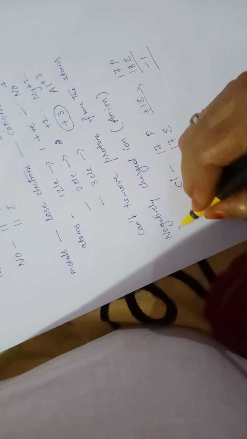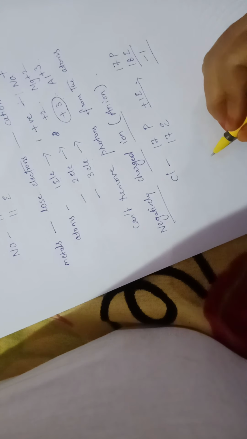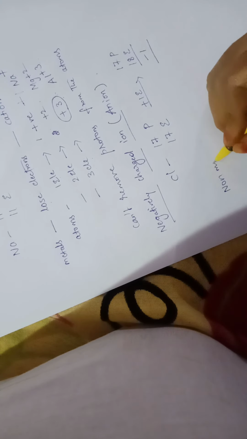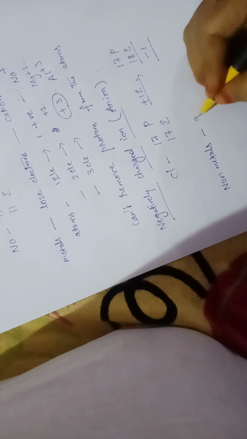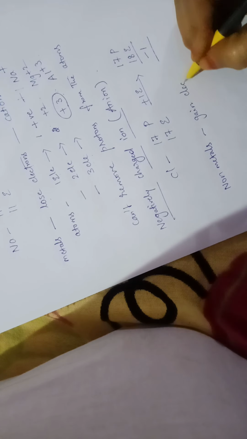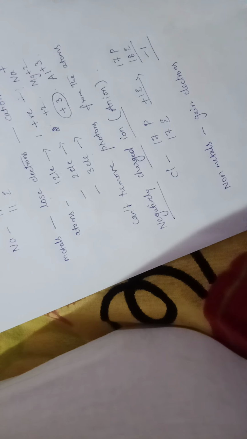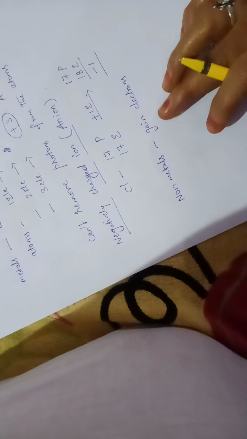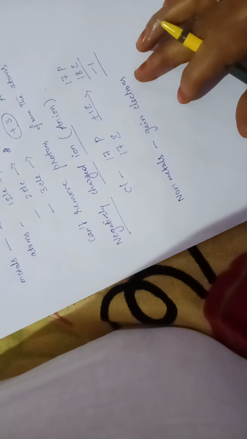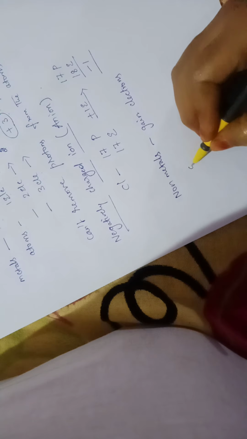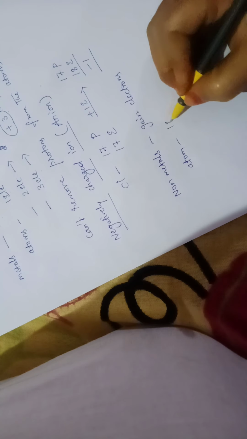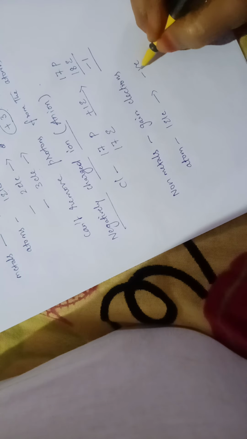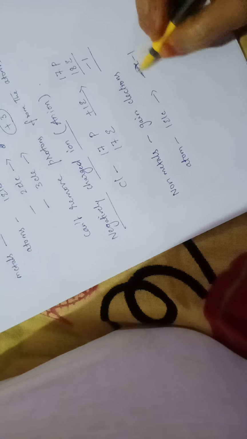And for negatively charged ions, non-metals, most of the non-metals, not all, have the capacity to gain electrons. If an atom gains 1 electron, it gets a charge of -1.